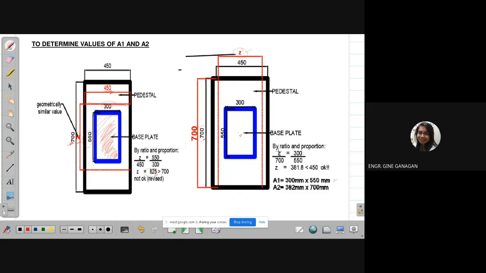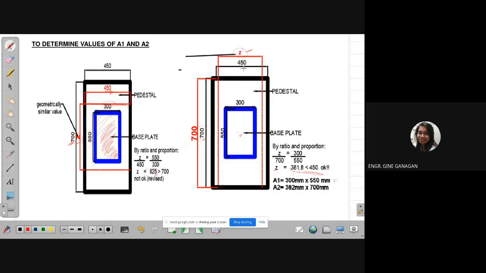So, pag nag-ratio and proportion ako, we have Z over 700 is equal to 300 by 550. So, yung makukuha mong value ng Z is 381.8, which is less than 450 na maximum dimension ng ating width ng pedestal. So, pasok siya.